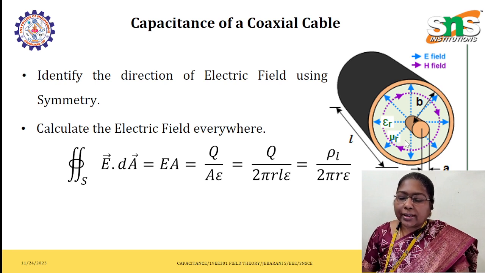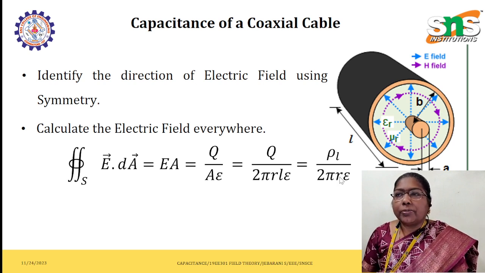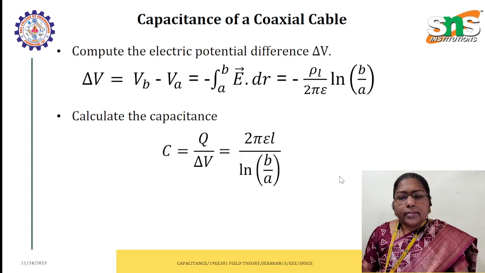You can consider the radius in between A and B, or in A also, or on the B surface also. So r is the arbitrary position that you consider for the analysis. Third step, we can calculate the potential difference between the inner core and the outer core.